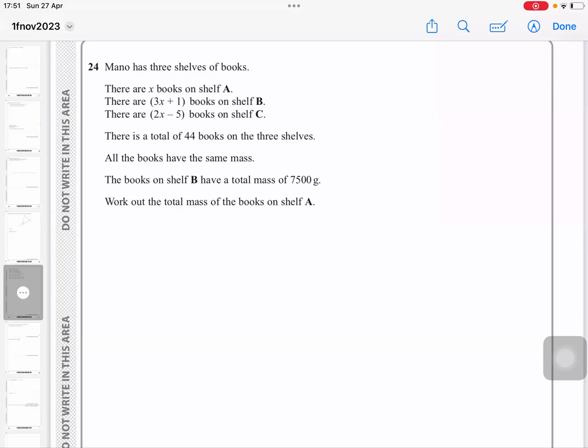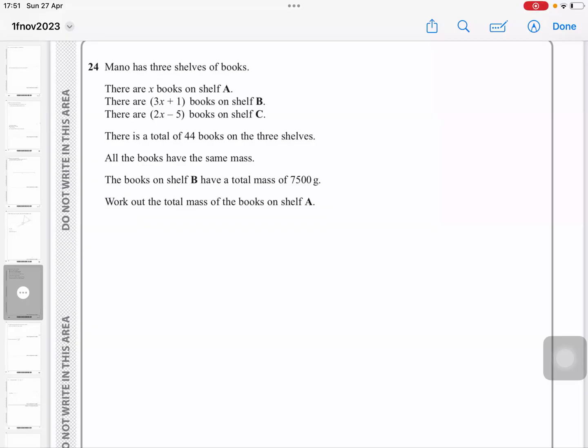So what's this question about? It looks like an algebra thing. Manu has 3 shelves of books.